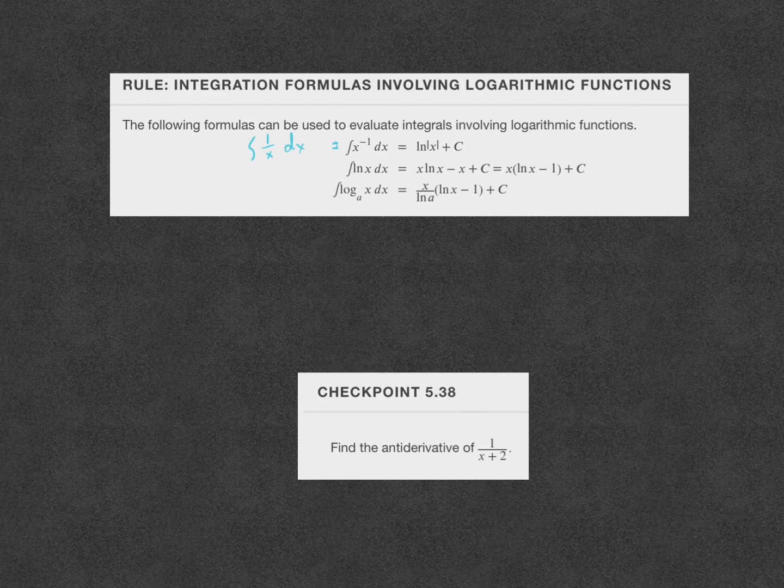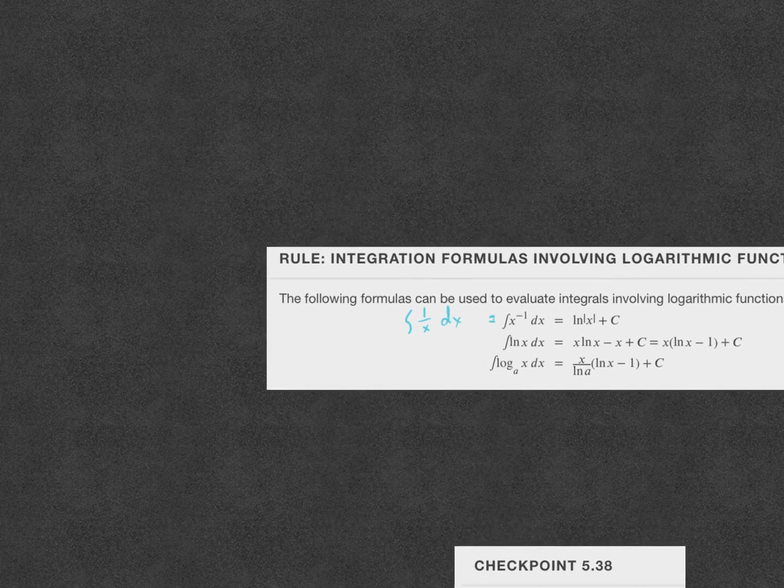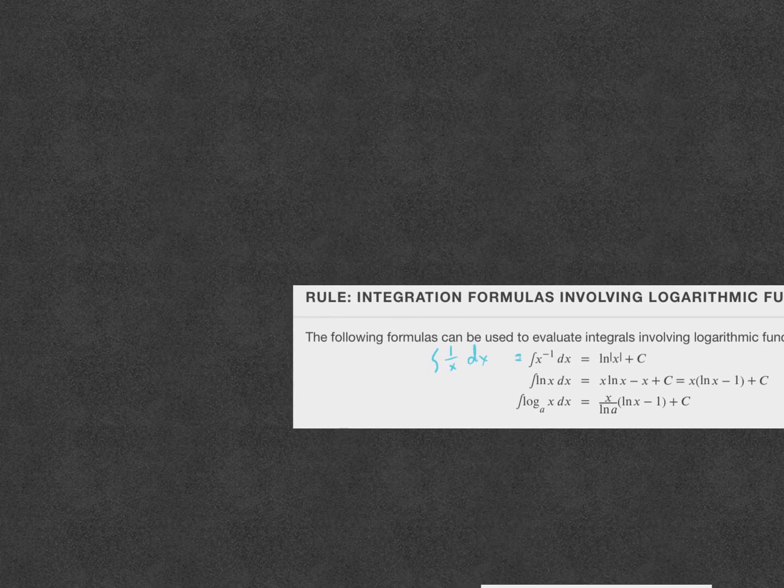If you have any exponent in the denominator other than 1, you need to use the power rule. Okay, so what do I mean by that? Let me scroll up here for a moment. If I have any other exponent, the integral of 1 over x squared dx, or the integral of 1 over x to the 5th power dx, whatever that exponent is in the denominator, right?